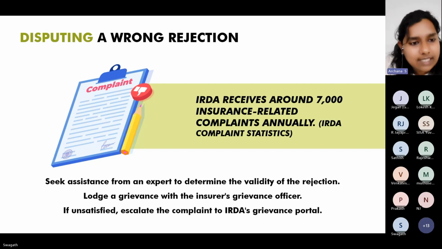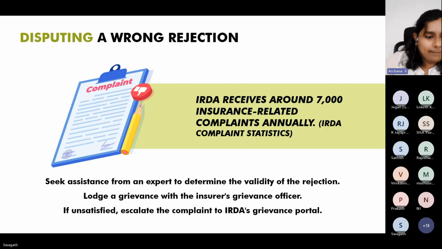Every insurance company is mandatorily required to have a grievance officer where you can go and lodge a complaint that you feel the claim was wrongly rejected, and you can get an expert to determine the validity of the rejection. So you can lodge a complaint with the insurance grievance officer.